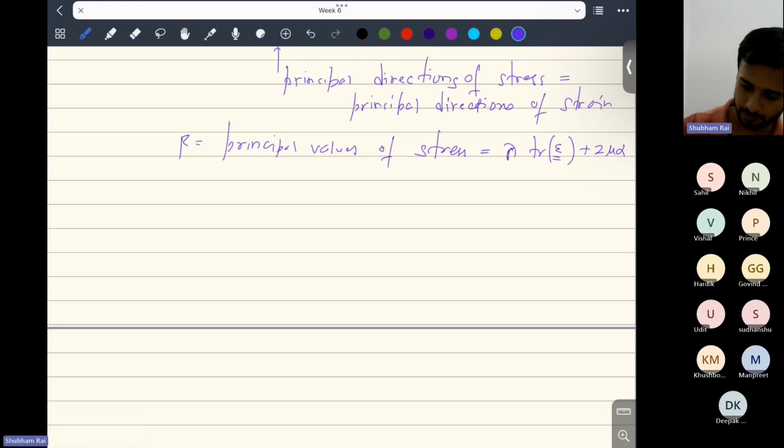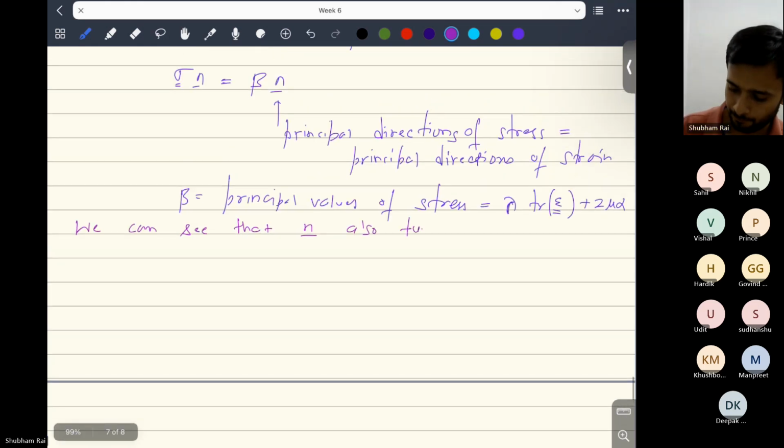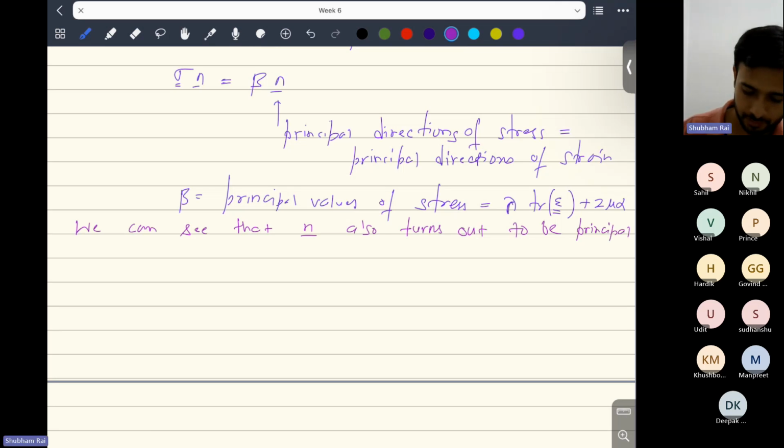So we can see that n also turns out to be the principal direction for the stress tensor.